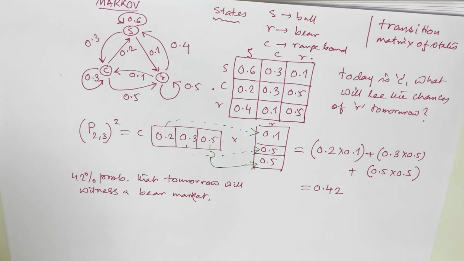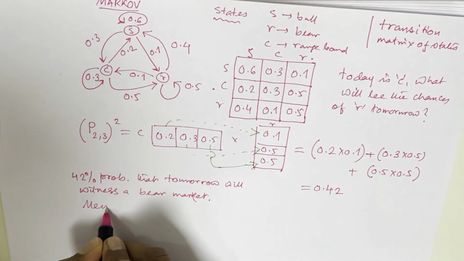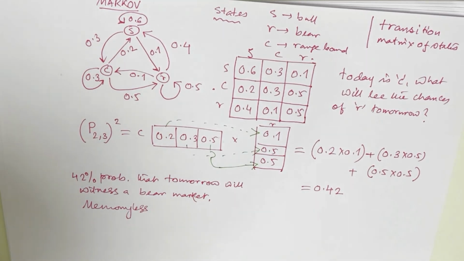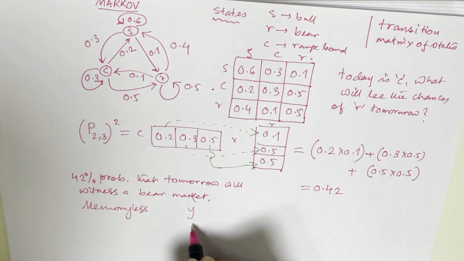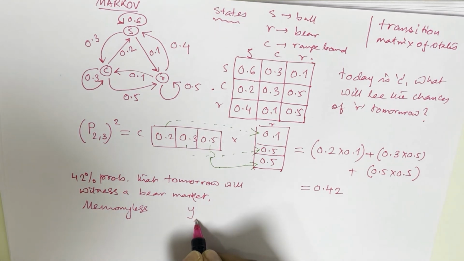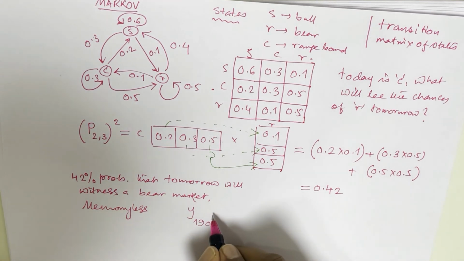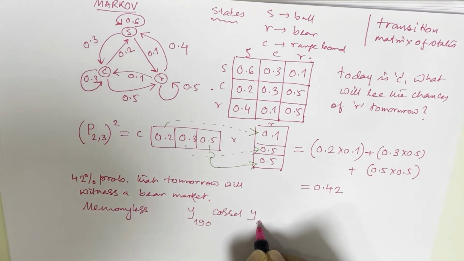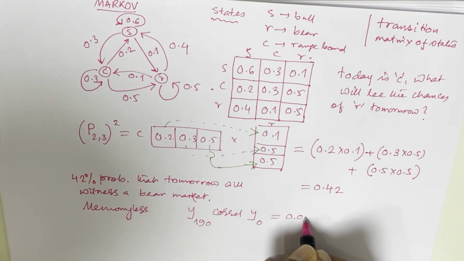Another important thing we have to note here is that Markov models are memoryless. Memoryless means the coefficient of correlation of, suppose, some day in the past, let's say y at 190 days before, with y0, which is today, is basically negligible, very, very small.